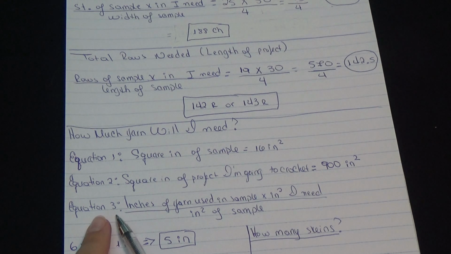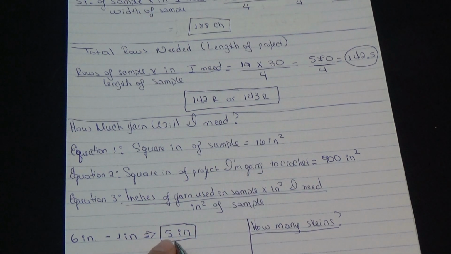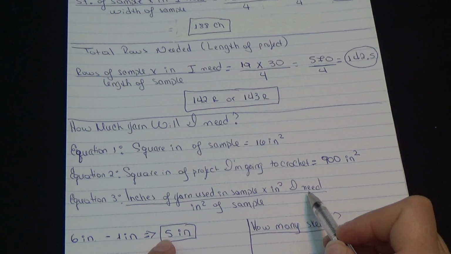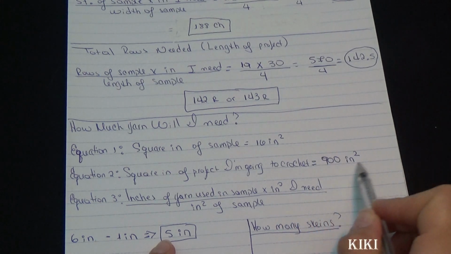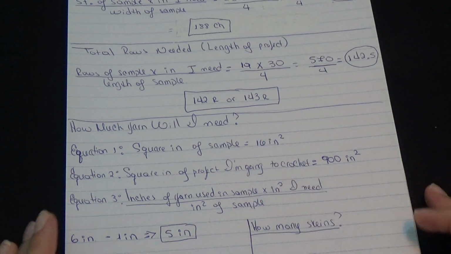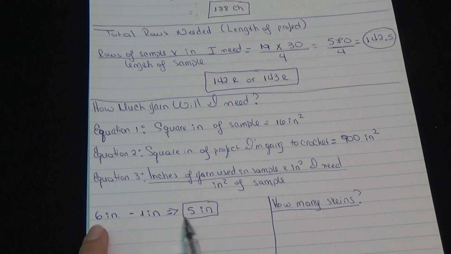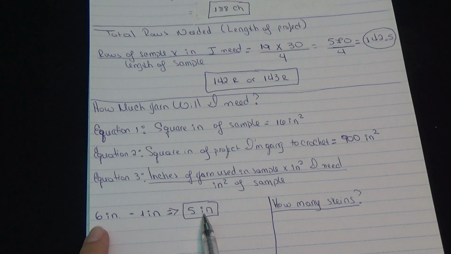In the third equation, I'm going to multiply the inches of yarn that I used in my sample, which I calculated as 5 inches, times the square inches that I need for my project, 900, and divide that by the square inches of my sample. Since I made a 6-inch ball and had 1 inch left, I used a total of 5 inches for my sample.